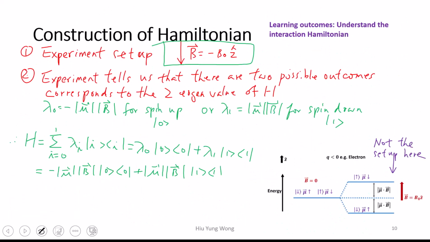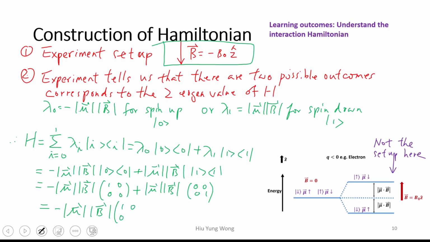So basically, this is just equal to negative mu B times the matrix 1, 0, 0, 0, plus mu B times the matrix 0, 0, 0, 1. Okay, then let me just take out the factor and add them together.